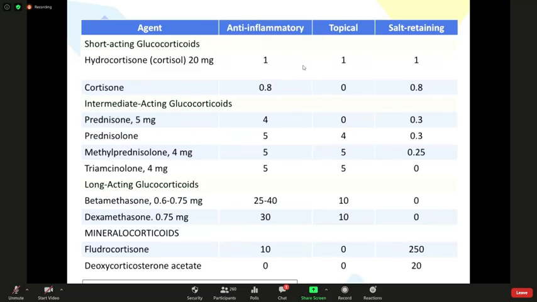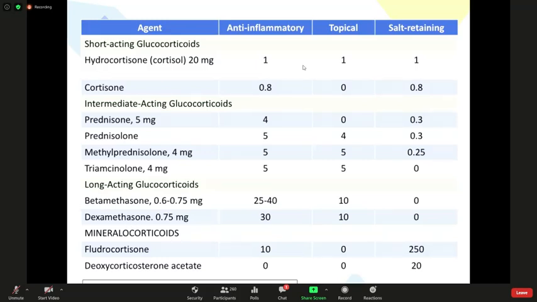Now, the commonly used drugs like the prednisone, methylpred, prednisolone, they're intermediate acting, no? And typically, lahat ng fluorinated drugs except for triamcinolone, they're long-acting. So fluorinated kasi yung triam, beta, and dexa. Except for triamcinolone, the two, beta and dexa, are long-acting.